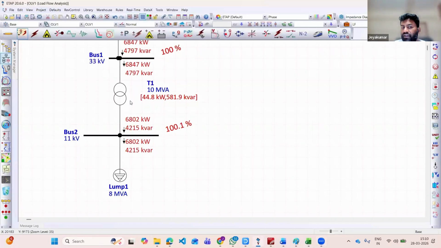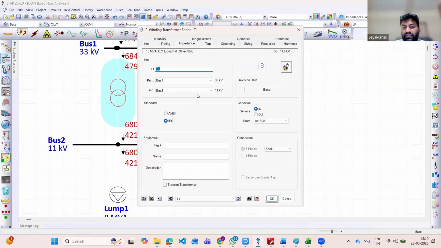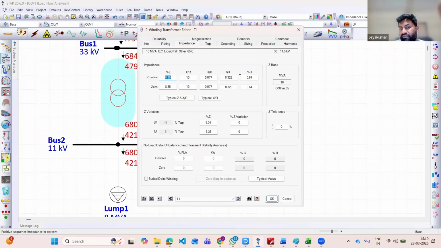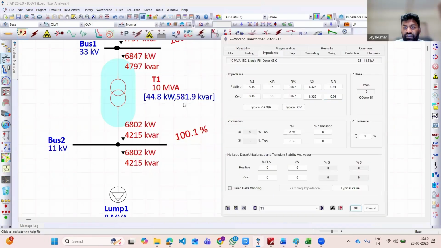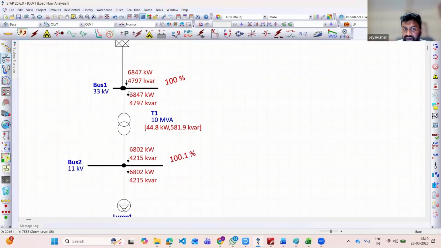This value is impacting it. You get my point, right? Another reason this is very high is the percentage of X, that is because of your reactance. You are getting the reactive power. So these two values are why it is coming out like this.